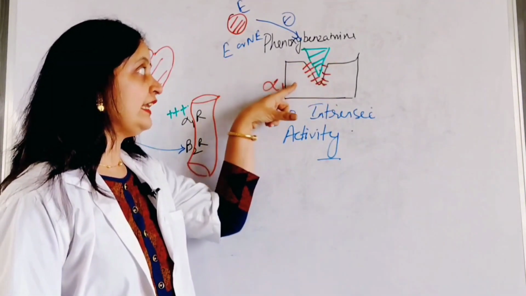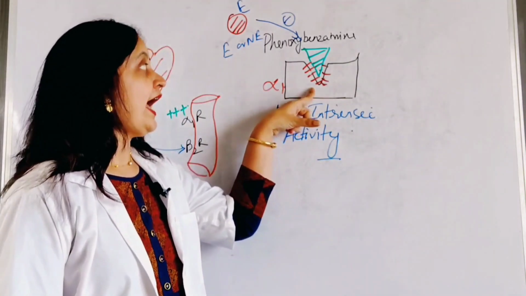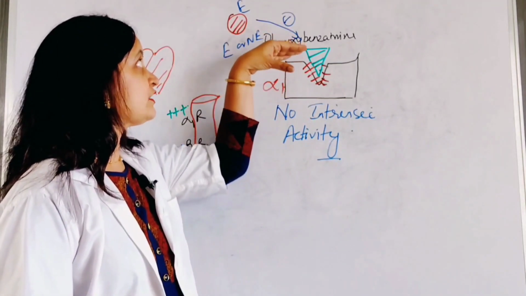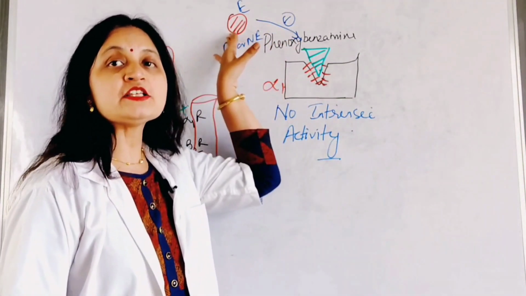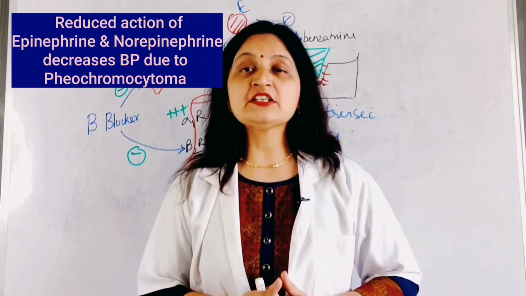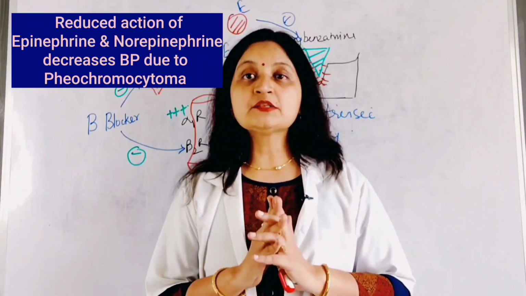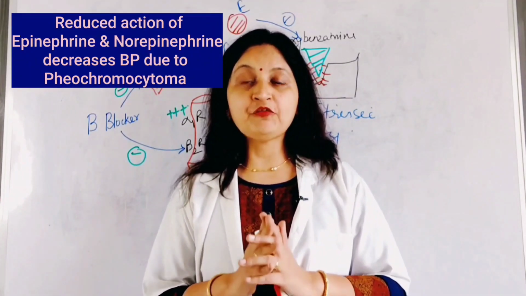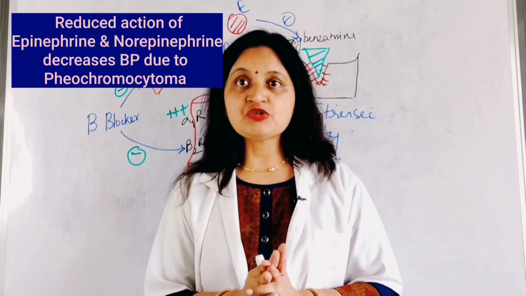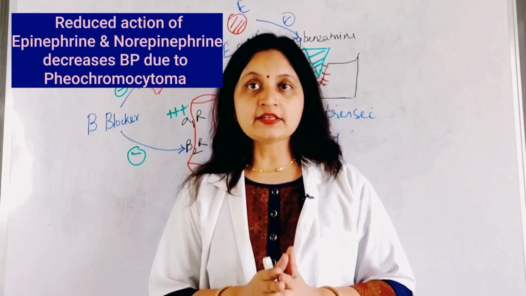It binds strongly with the alpha-1 receptor, forming covalent interactions, and since the binding is very strong, it is not easily displaced by even large quantities of epinephrine and norepinephrine. So even if large quantities of norepinephrine and epinephrine are present in the circulation, the displacement of phenoxybenzamine from the alpha receptor is less likely because the binding is very strong, the binding is irreversible, and the action is long lasting.